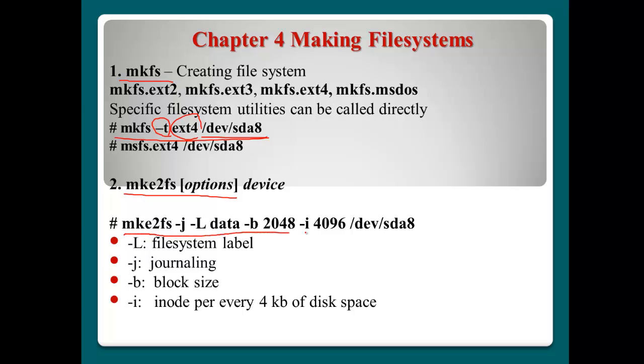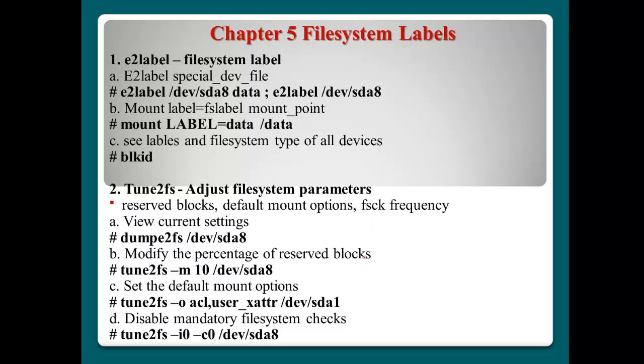So here we can use this kind of options: -j, -L, and the block size, and inode, and the partition like this. Here -j means the journaling file system, -L means the file system label, and -b means the block size. I mean inode per every 4 kilobytes of disk space like this. We can use this one as well. And after that we will use e2label like this.